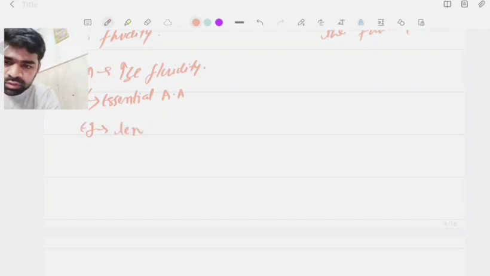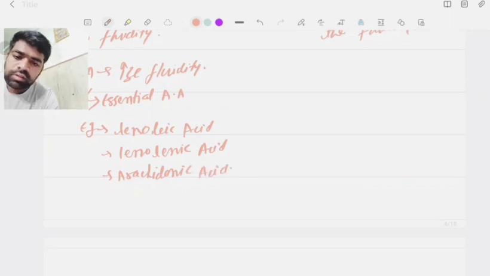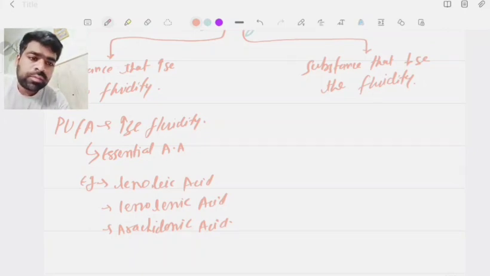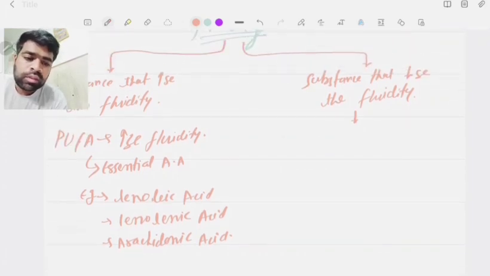First one is linoleic acid, linolenic acid, and arachidonic acid. These are essential fatty acids and they increase the fluidity. And the substance that decreases the fluidity is saturated fatty acids.